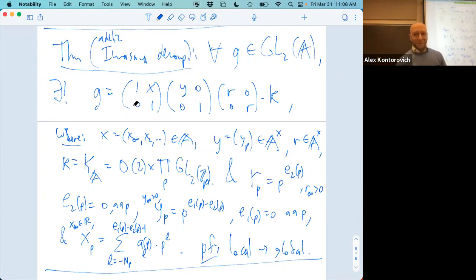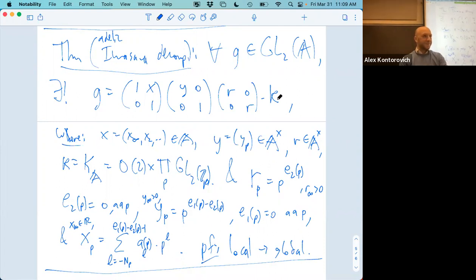So remember, for all but finitely many places, you're just in K. This is in Z_p for almost all places. This is p to the 0 for almost all places. These are p to the 0 for almost all places. Once you hit almost every place, this is trivial. This is handling the non-trivial part. There are only finitely many places where this applies, and everywhere else you're just in K.